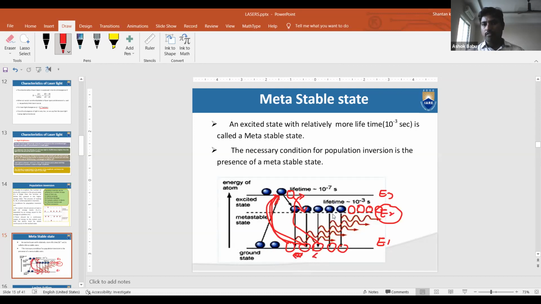At a particular instant, the number of atoms in the E2 state is greater than in E1, which is called population inversion. So using the metastable state and the pumping mechanism, we achieve population inversion between the E2 state and the E1 state. That means the metastable state and pumping mechanisms are necessary to achieve population inversion.